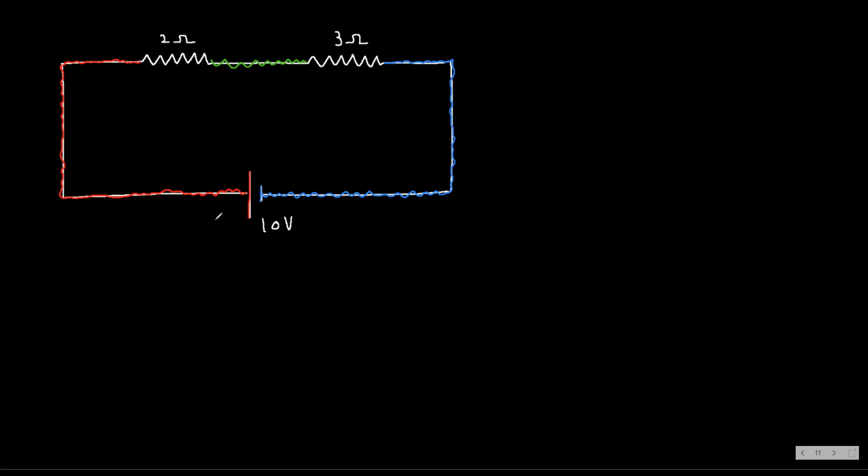We know the voltage difference between red and blue. What is the voltage difference between red and blue? 10 volt. Do we know the voltage difference across the red and green?